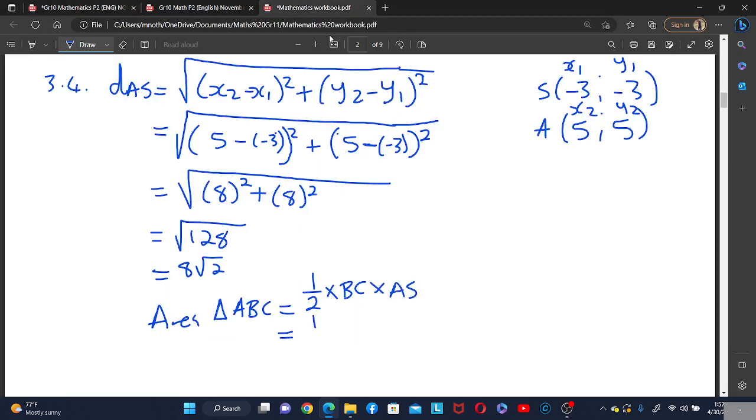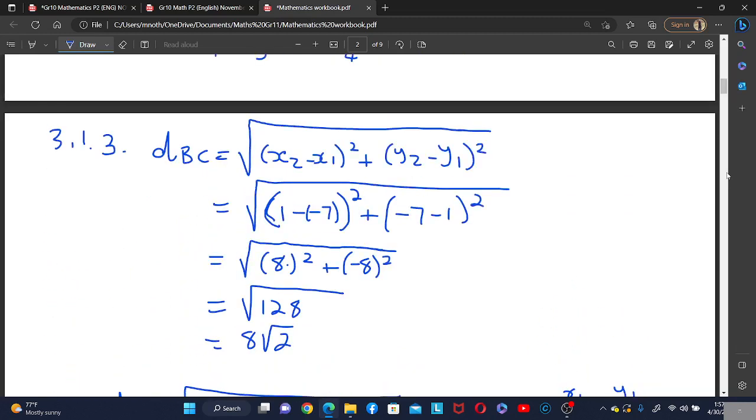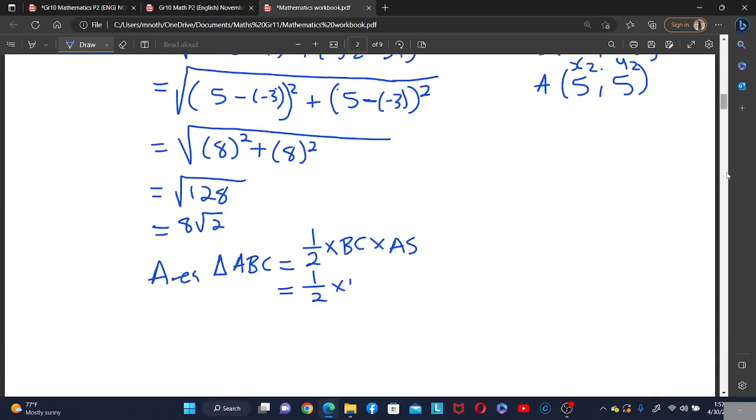So it is 1/2 times BC. What is the length of BC? The length of BC is 8√2. Times AS, the length is 8√2 also, which is going to give you an area of 64. This is your answer.